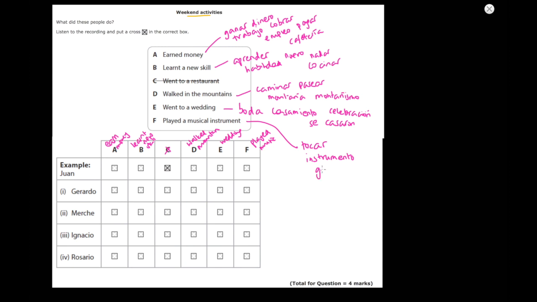I could hear guitarra, piano, trompeta, violin. Try and anticipate instruments. Many instruments are cognates, but of course, expect how that might sound in Spanish. Okay, so we've done our anticipation work.